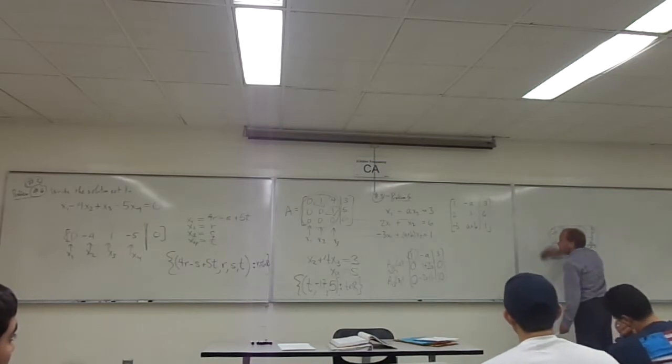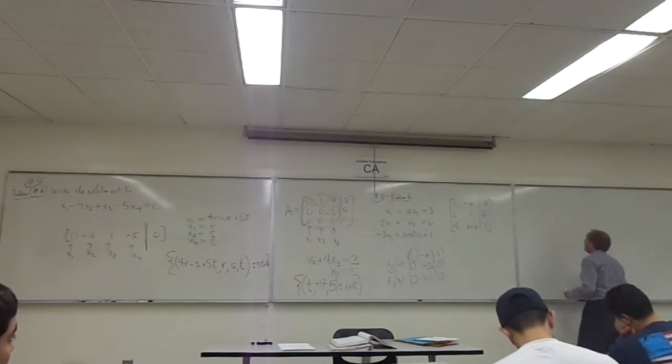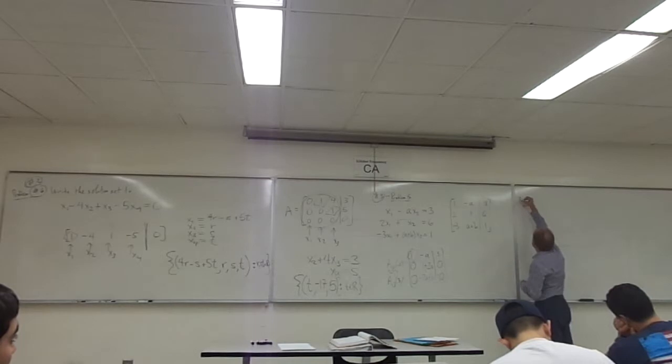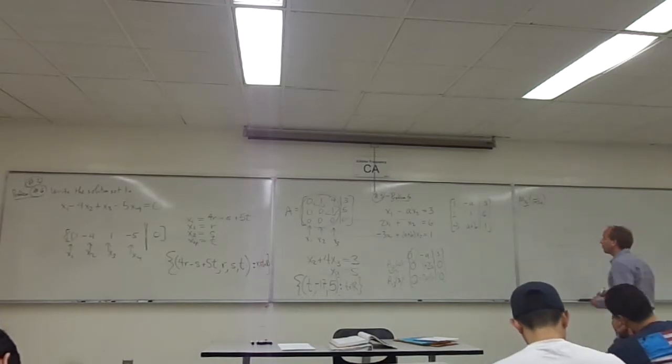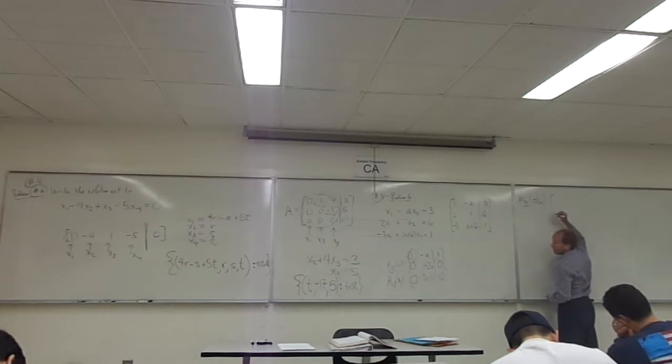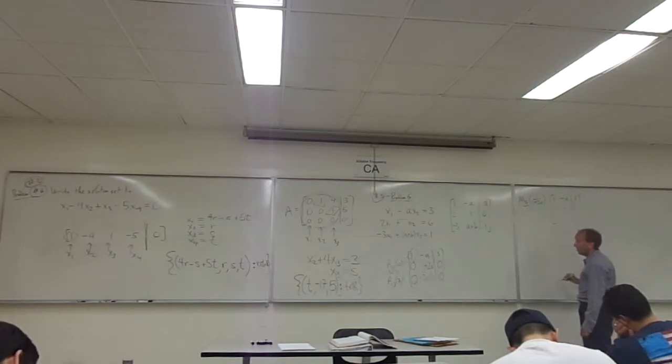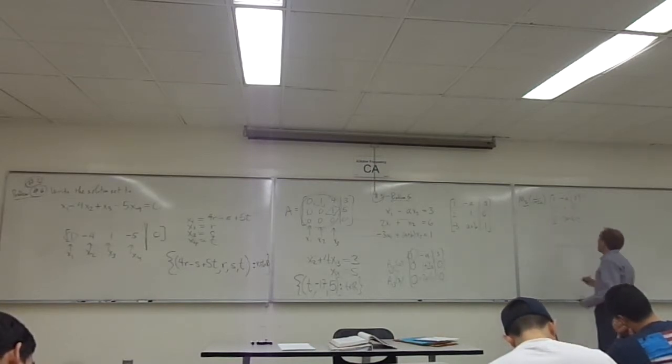I'm going to multiply row 2 by 1 over 1 plus 2a, right? So that's going to give me 1 negative a augmented with 3, and then 0 and 1 and 0, and then 0 and negative 2a plus b and 10.